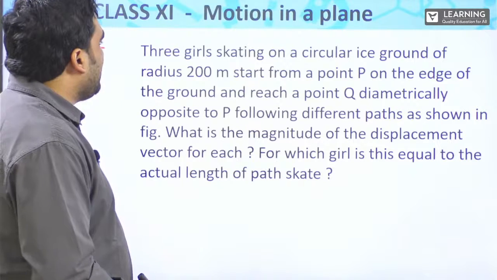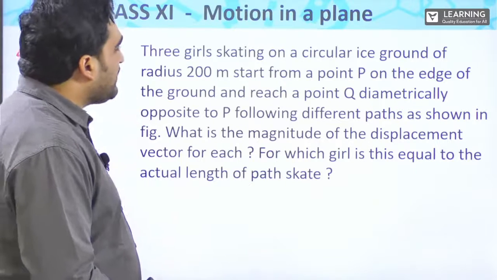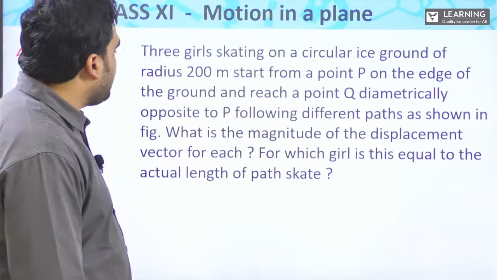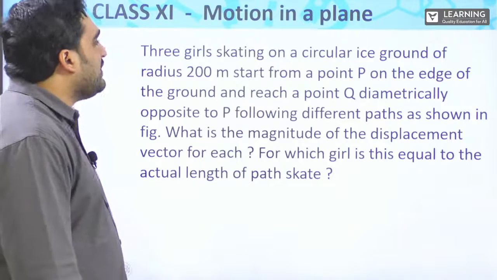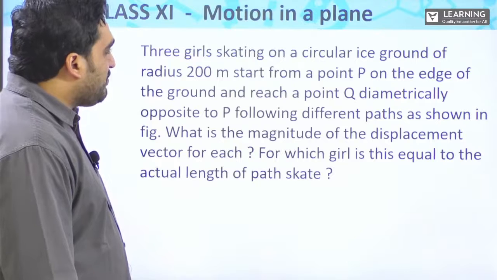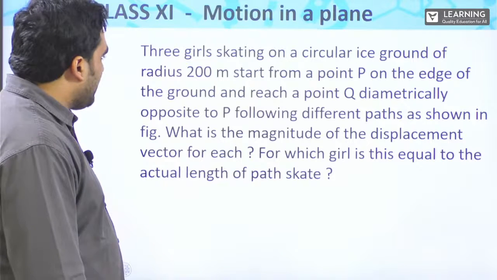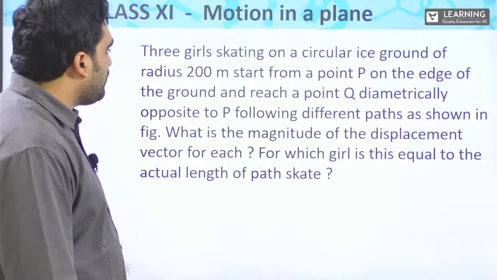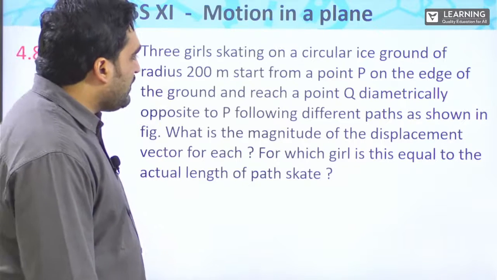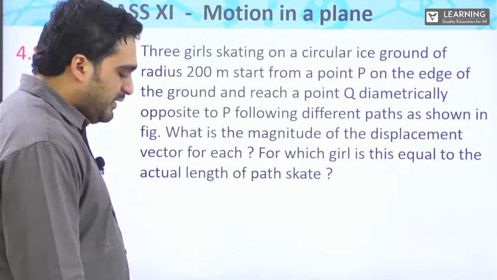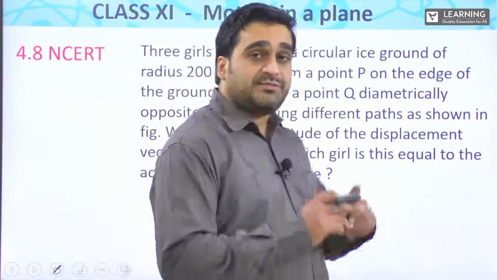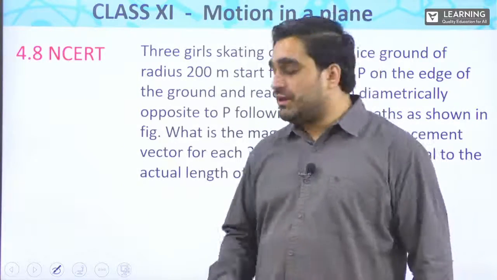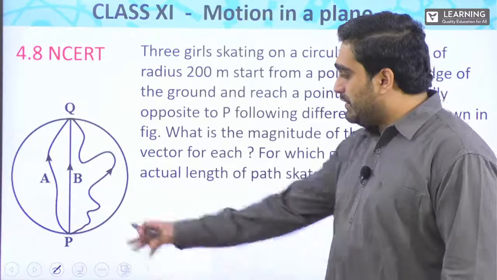It says, three girls skating on a circular ice ground of radius 200 meters start from a point P on the edge of the ground and reach a point Q diametrically opposite to P, following different paths as shown in the figure. So in your textbook you have a figure that is given. So the figure here is already put up.